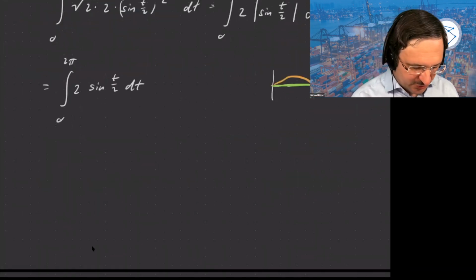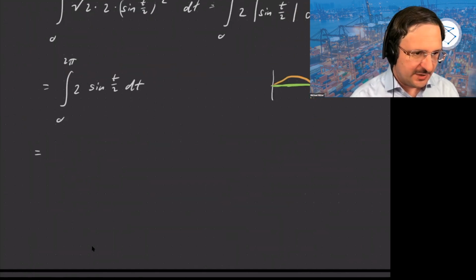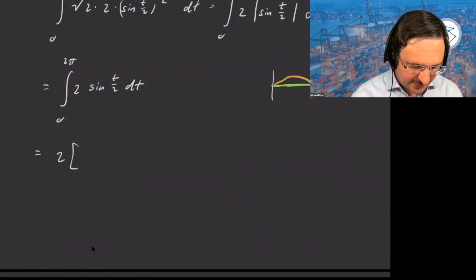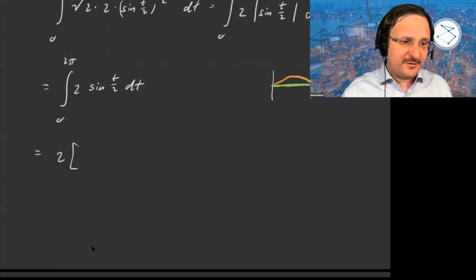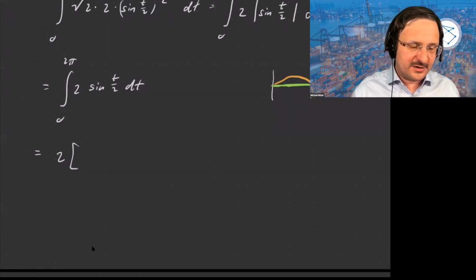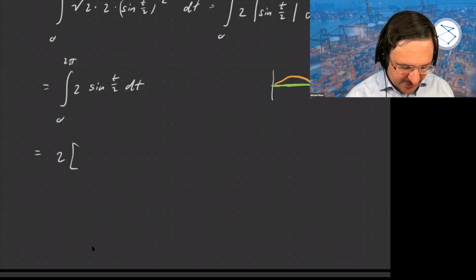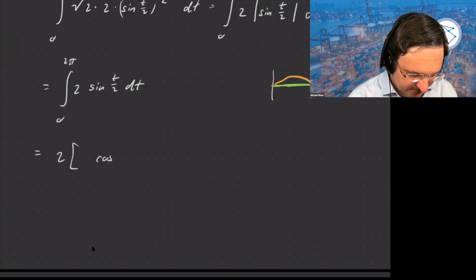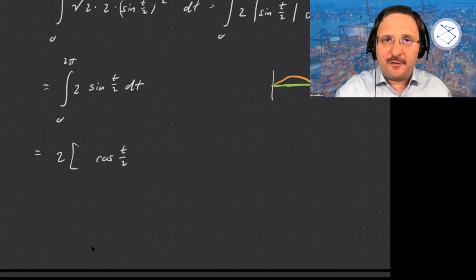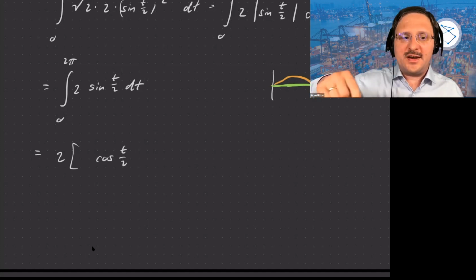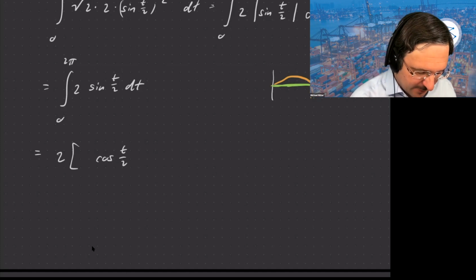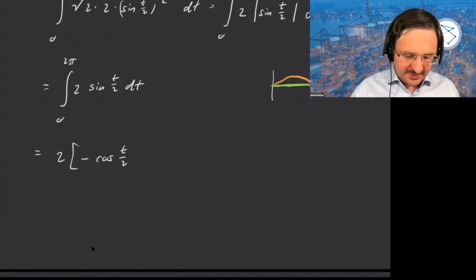And now we need to integrate that. We'll just keep the 2 here. And the integral of the sine of t over 2, well, obviously that needs to be something with a cosine. So let's see, cosine t over 2. The derivative of the cosine of t over 2 is the negative sine. So we need to add a minus to compensate for that.